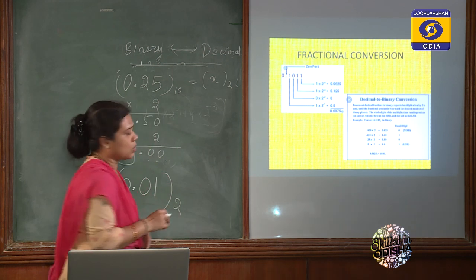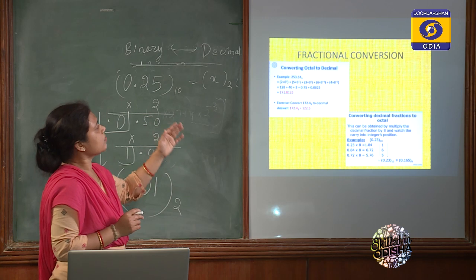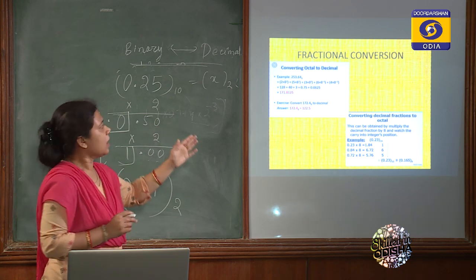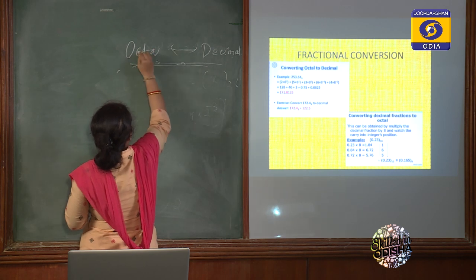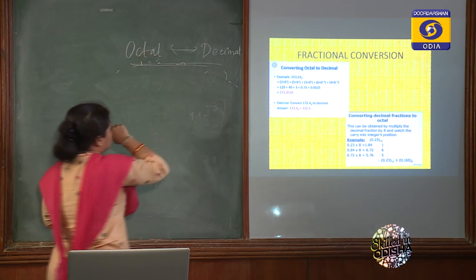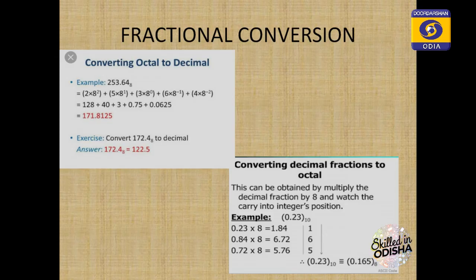Next we go to the next slide, again fractional conversion, but this is octal to decimal and decimal to octal. Here, in place of binary, the number system is octal. First is converting octal to decimal.